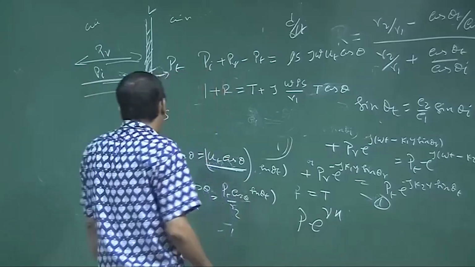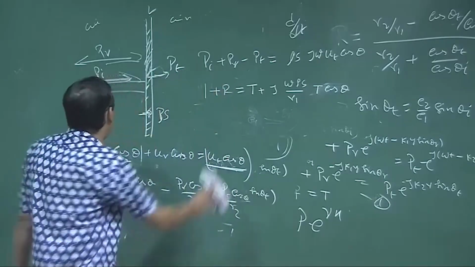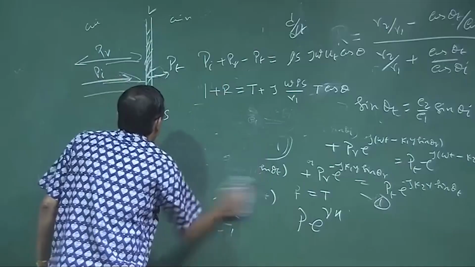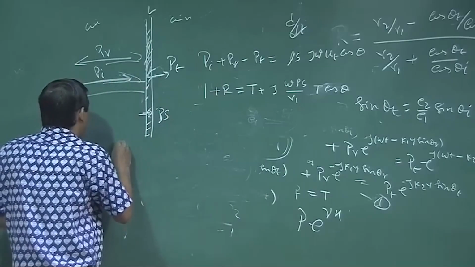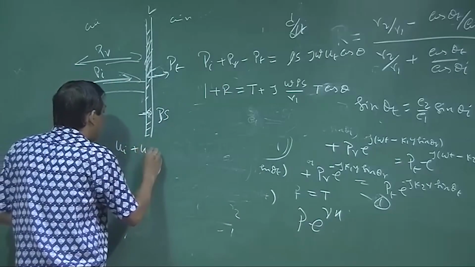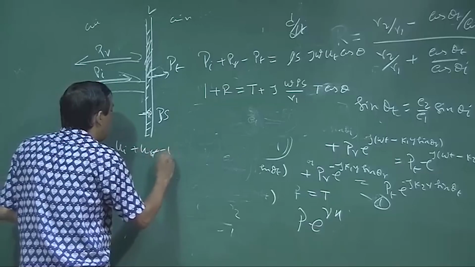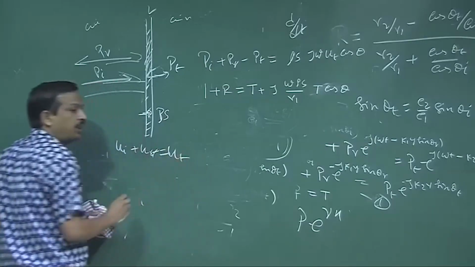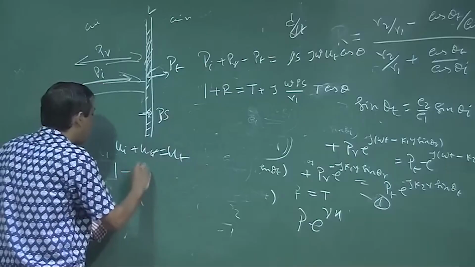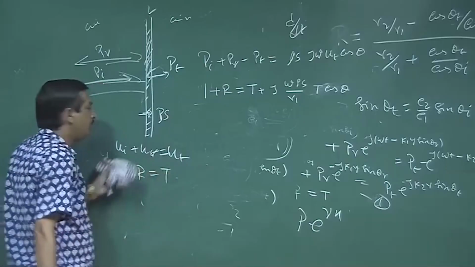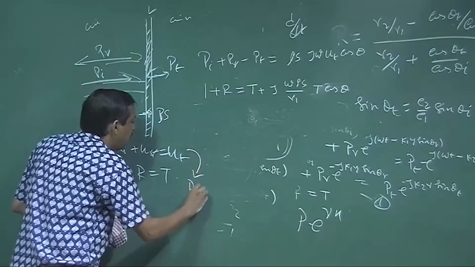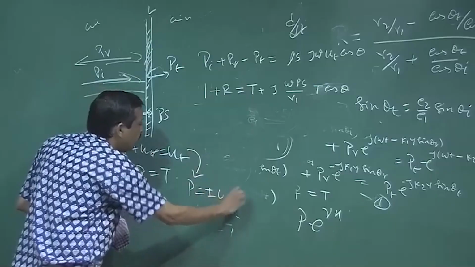Or I can say the normal component: ui plus ur is equal to ut. So I can say 1 minus R is equal to T, from this equation, putting p equal to plus or minus uR.